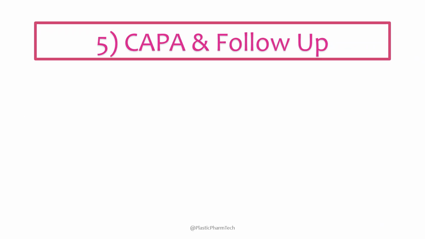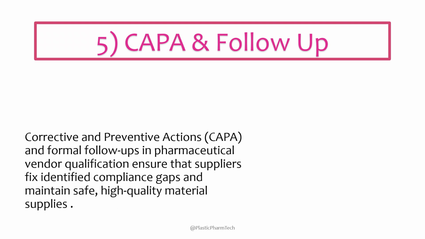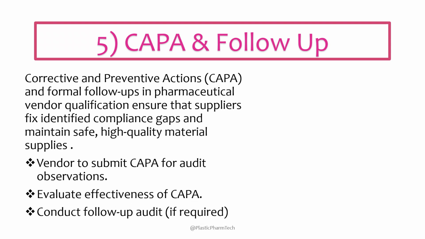Then 5 phase of vendor qualification process is CAPA and follow-up. Corrective action and preventive actions, that is CAPA, and formal follow-ups in pharmaceutical vendor qualification ensure that suppliers fix identified compliance gaps and maintain safe, high-quality material supplies.